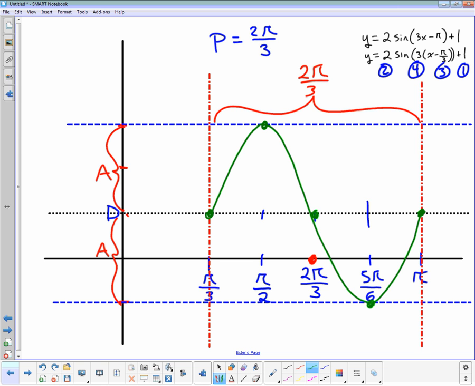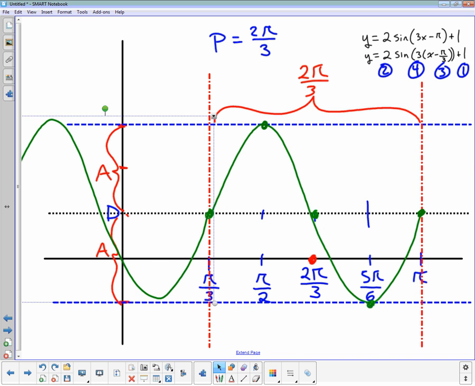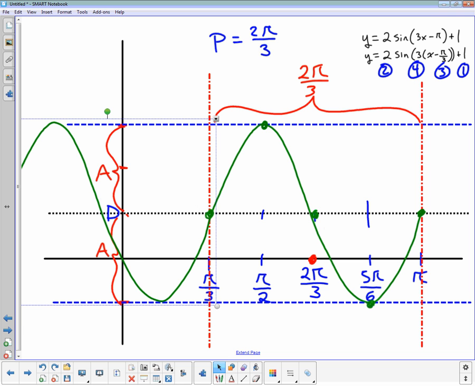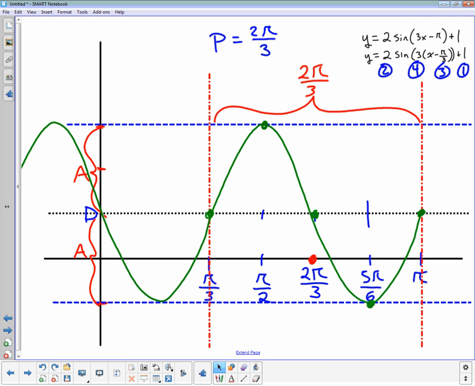Backing it up. If I was backing it up, see, I'm a little bit off. And there. I would just use my compass to say the width between pi over 3 and 2 pi over 3 is this much. So that's where my 0 should be.